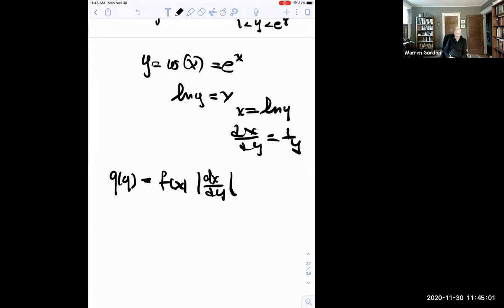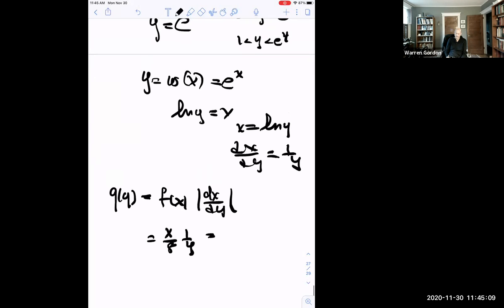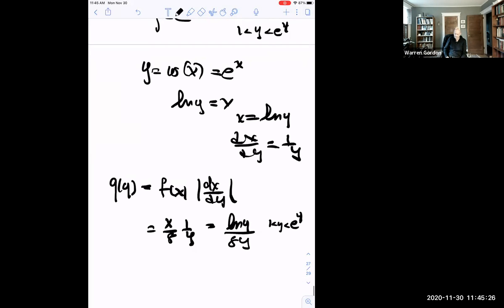So f of x is just x over 8 times 1 over y, but x is equal to ln of y. And this is over the interval from 1 to e to the 4th power. Okay, so that's the change of variable theorem. It's a pretty straightforward result.